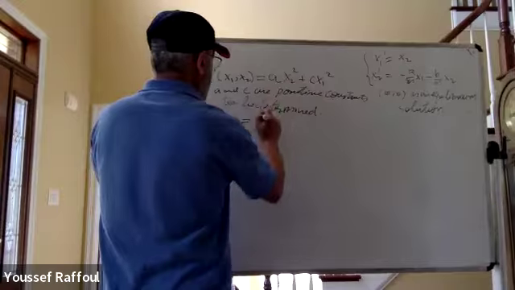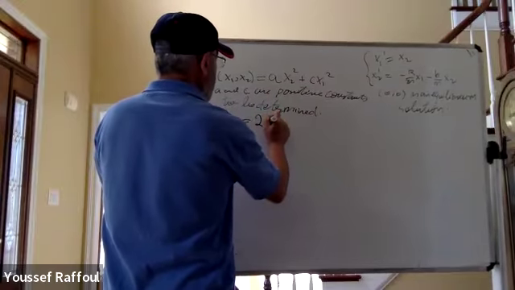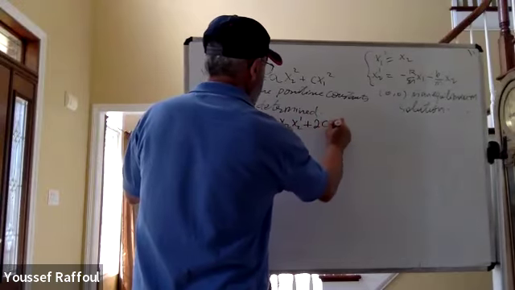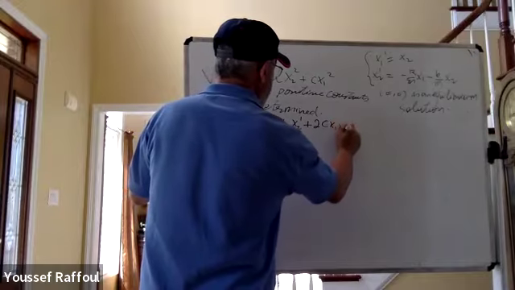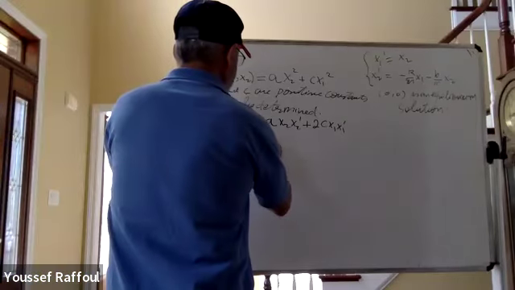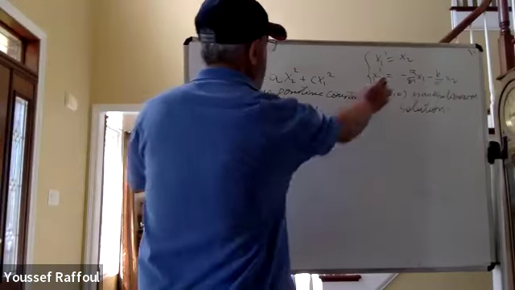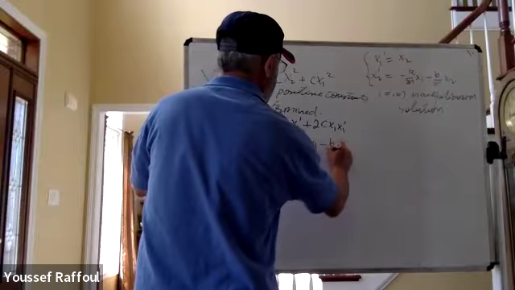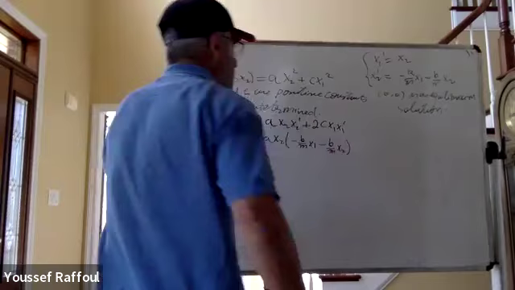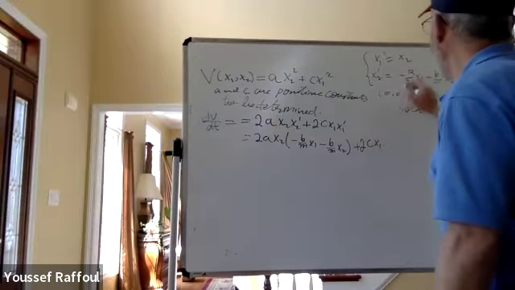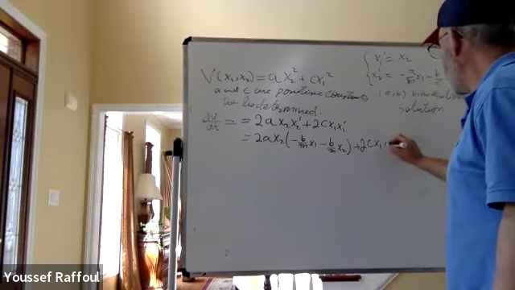All right. So again, this is 2A x2 x2 prime plus 2C x1 x1 prime. That is 2A x2 times x2 prime, which is minus k over m x1 minus b over m x2, plus 2C x1 times x1 prime, which is x2.